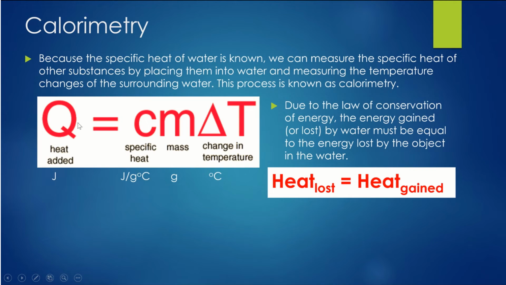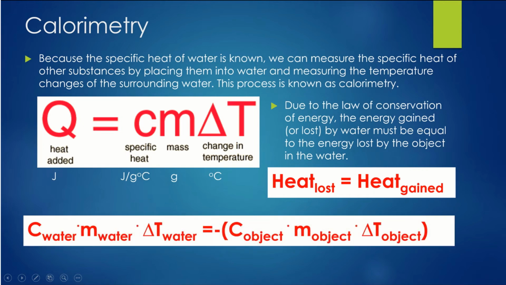Again, Q is heat, so we can say the Q of one object, Q lost, is going to be equal to the Q gained, which means we can break down that formula to the specific heat of water times the mass of water times your change in temperature of water will be equal to the specific heat of the object times the mass of the object times the change in temperature of the object. And notice I've got the negative symbol, gained and lost. These two energies should be equal but opposite.